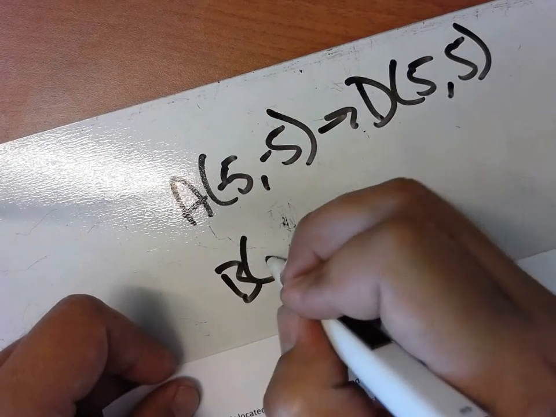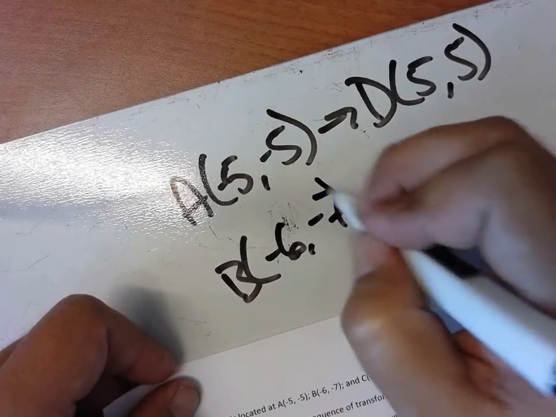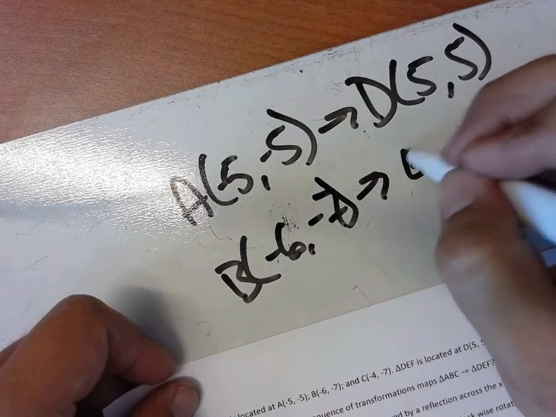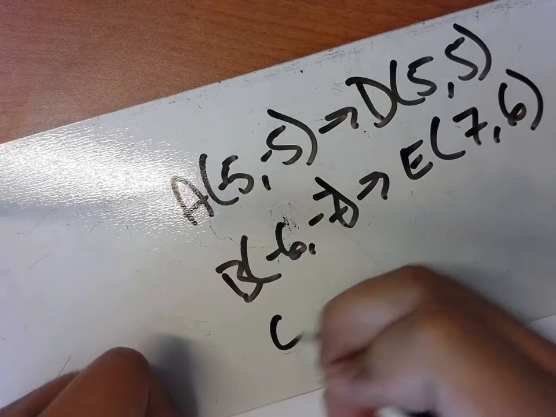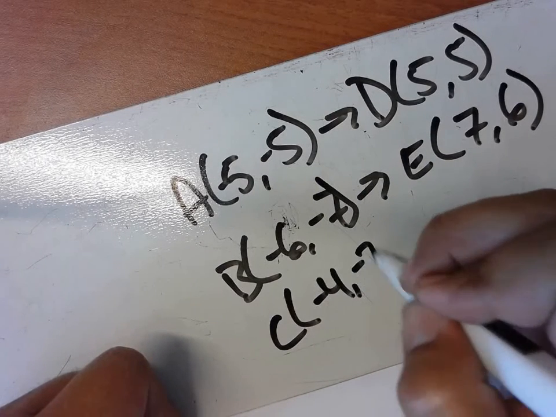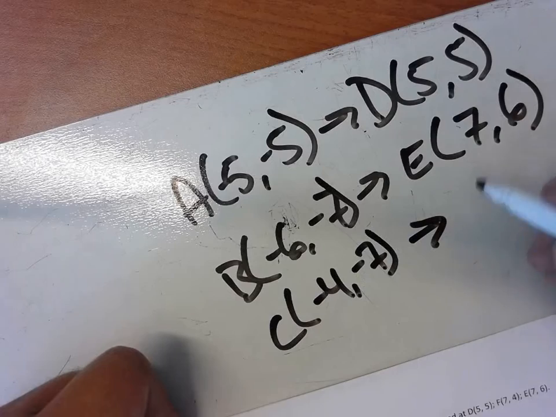B, -6, -7 has to go to E, 7, 6. And C, -4, -7 has to go to F, 7, 4.